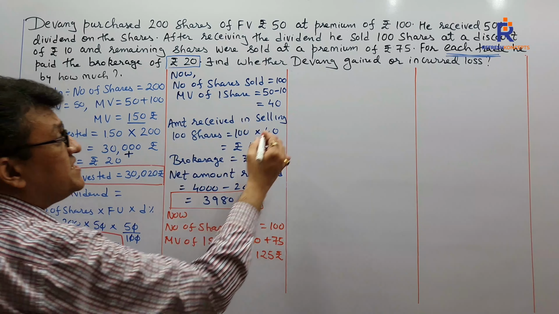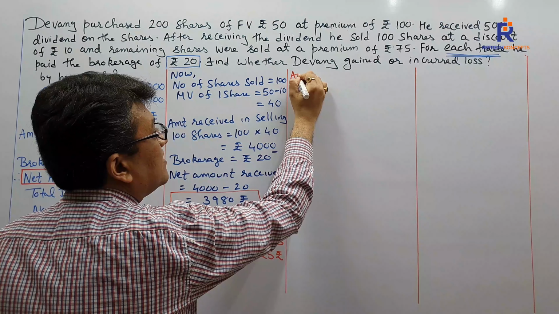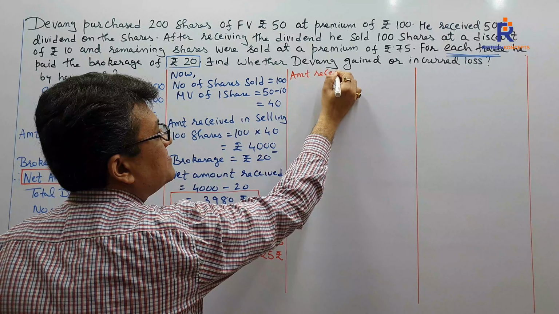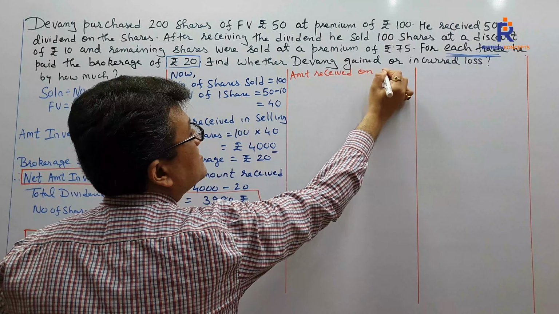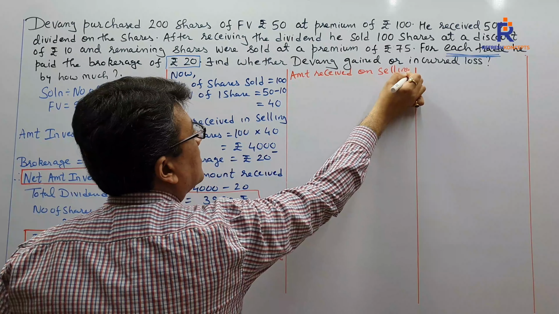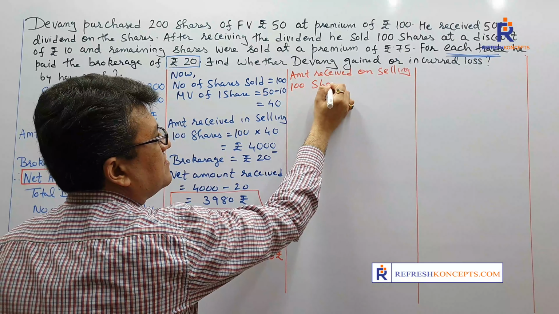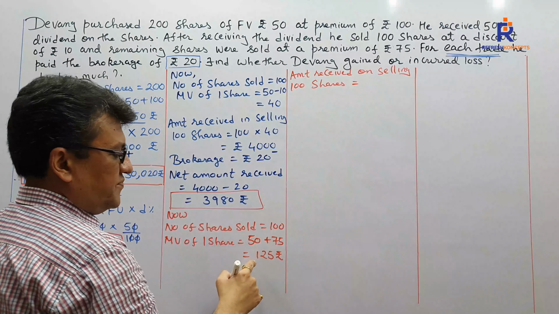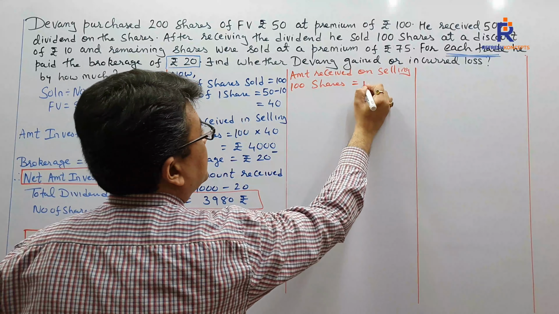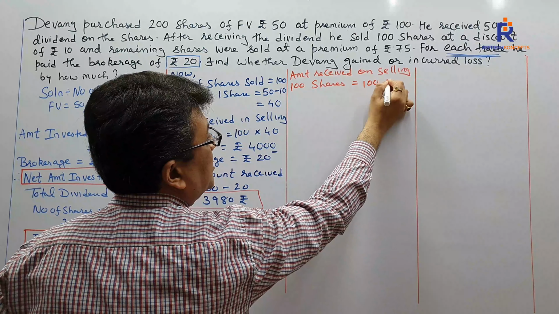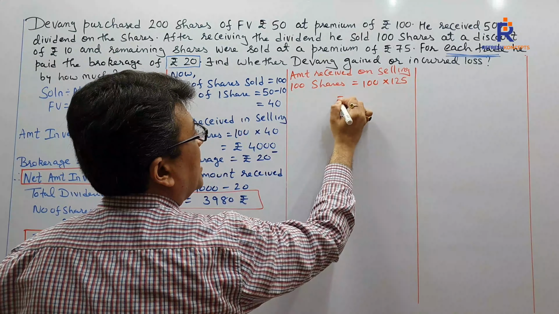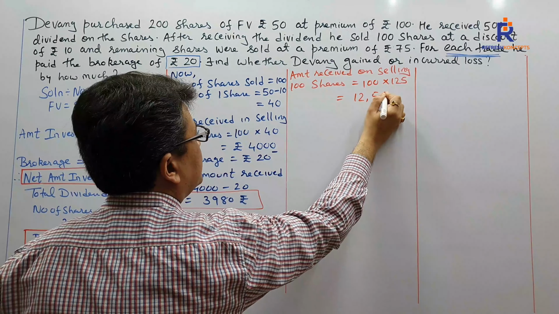Therefore, amount received on selling that 100 shares is number of shares 100 into market value 125. How much is it? 12,500.